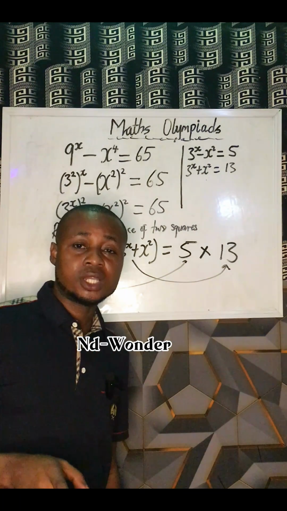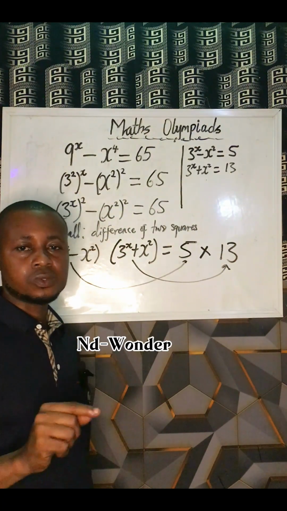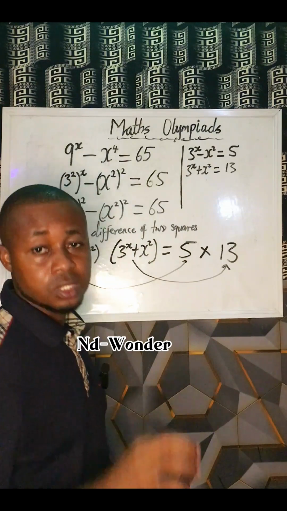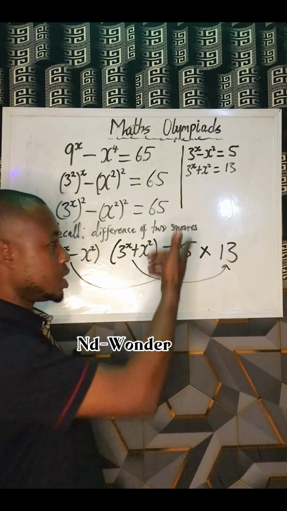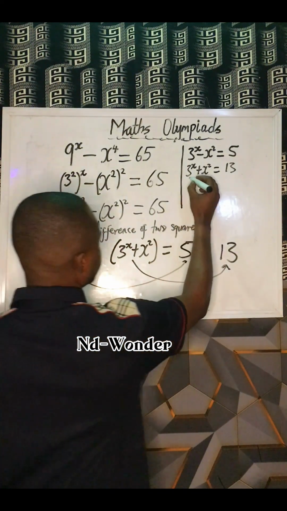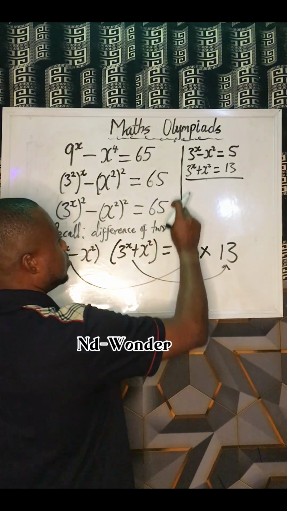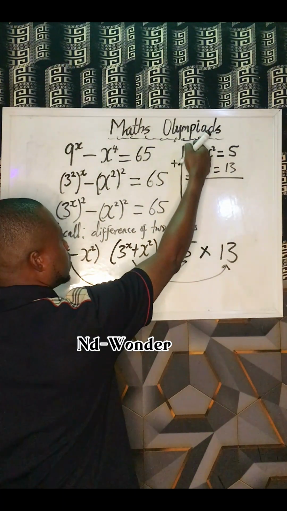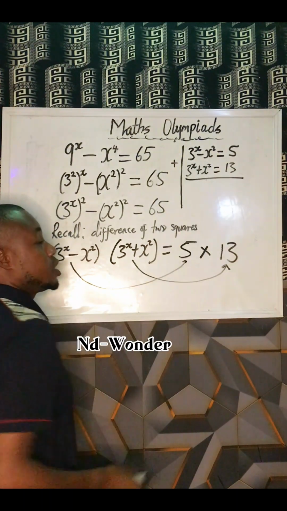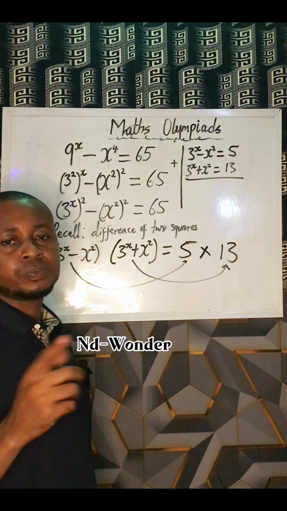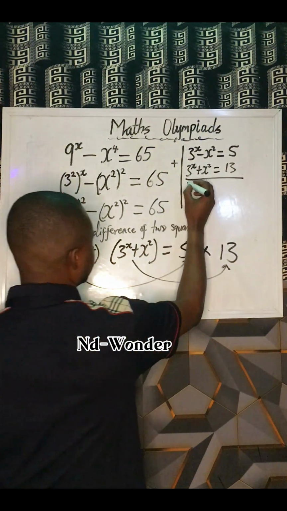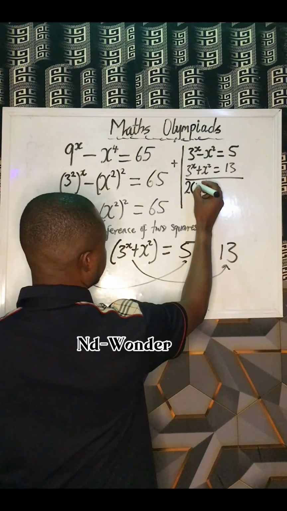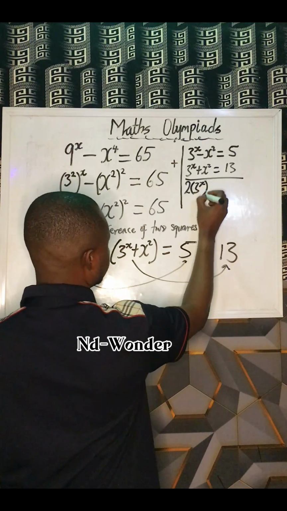In order to get the value of x, what are we supposed to do? I'll set up the equations and eliminate one value in order to get the other. So here, I will need to add up. So 3 to the power x plus 3 to the power x will give us 2 times 3 to the power x.